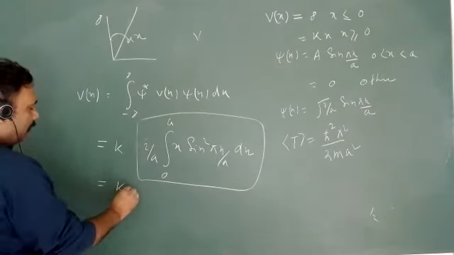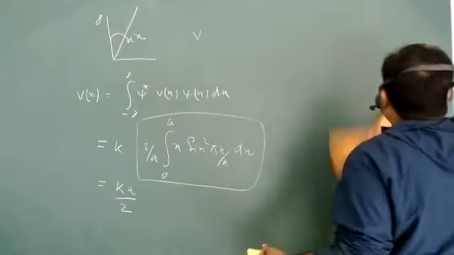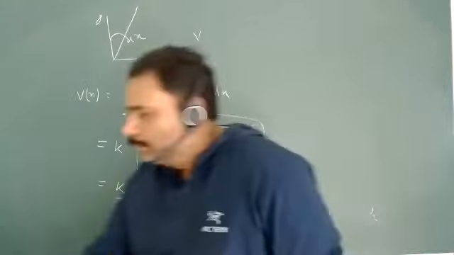Now let's go for the expectation value of total energy. So the total energy E is equal to h cut square pi square upon 2ma square plus Ka by 2.